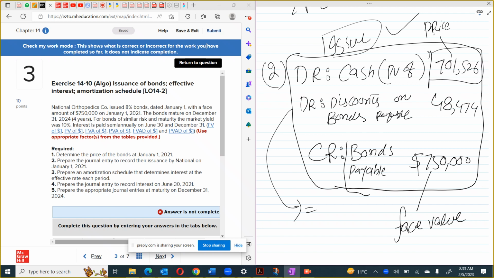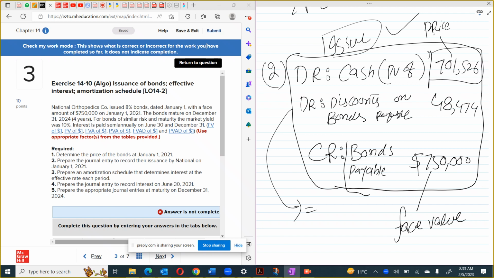How will you calculate the bond interest expense? Multiply the last period carrying value with the market interest rate, the effective interest rate. In this example, the effective interest rate is 5%. For example, if you are at 30th June, you will pick the carrying value at 1st January.